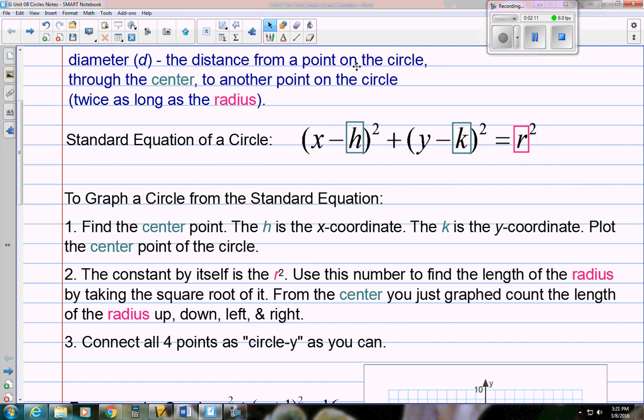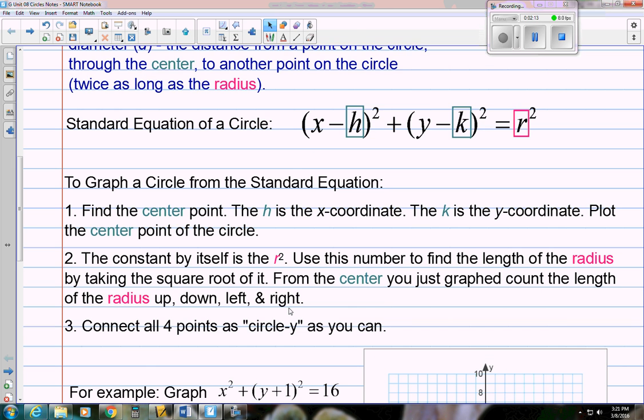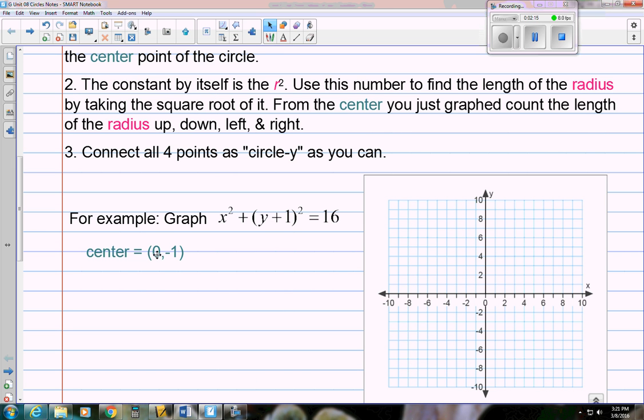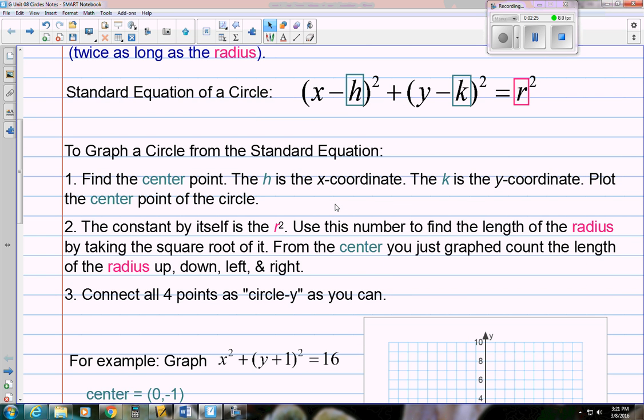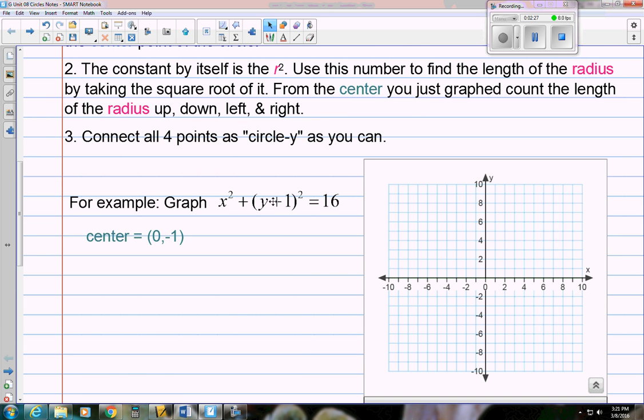So if you take a look, there is no h value. So that means that we are subtracting nothing. So the x coordinate would be 0, and the y coordinate would be -1, because in our original equation, we subtract our k value. And so the only way to change that subtraction to a plus is for that 1 to be negative, and we would subtract a negative, which would make a positive.